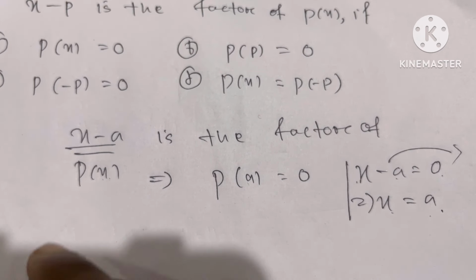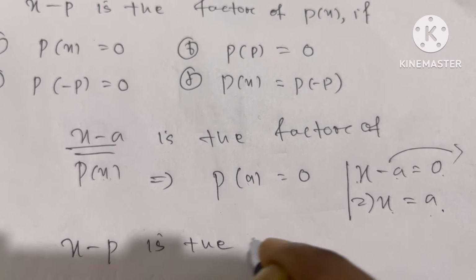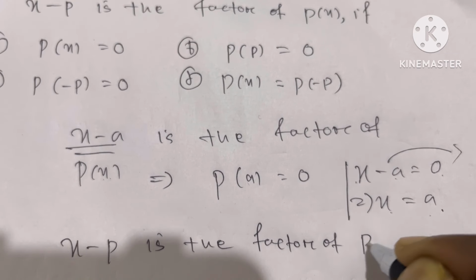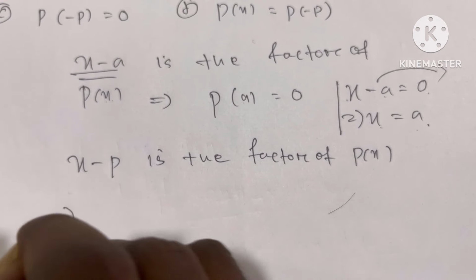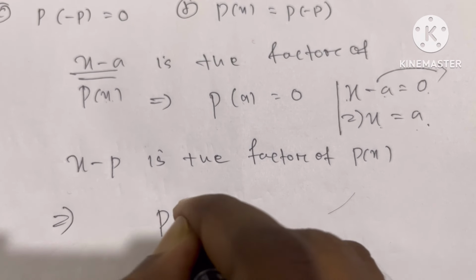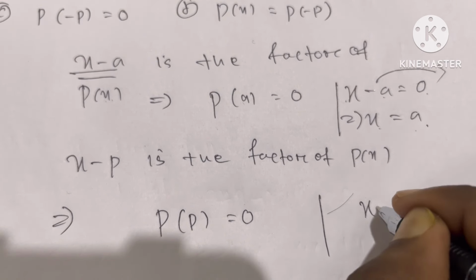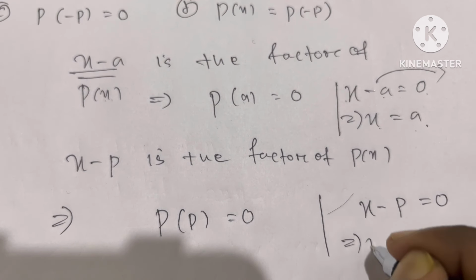Now, given that x minus p is a factor of p(x), it implies p of p is equal to 0. How did I get p of p? Because if you find the value of x from x minus p equal to 0, then x will be p.